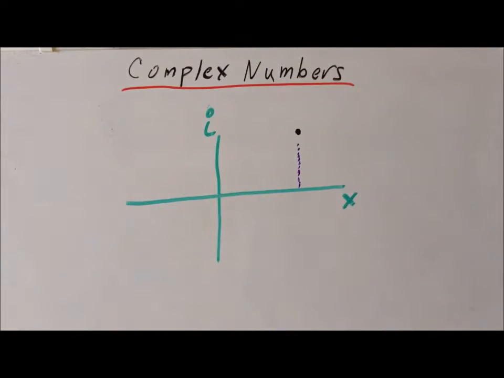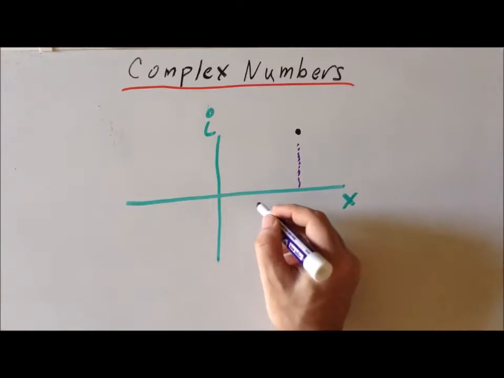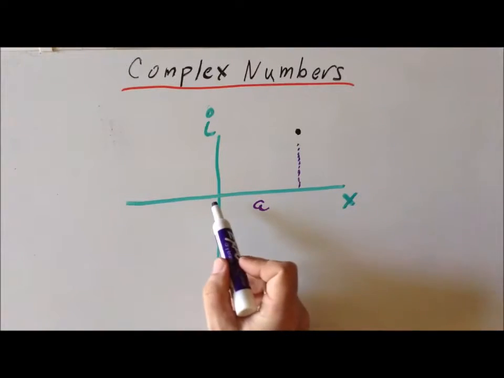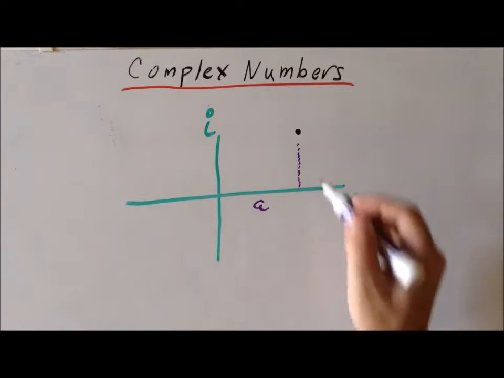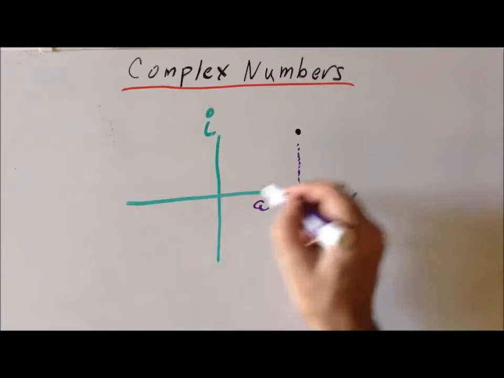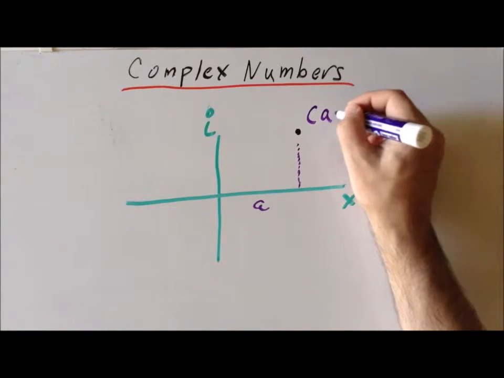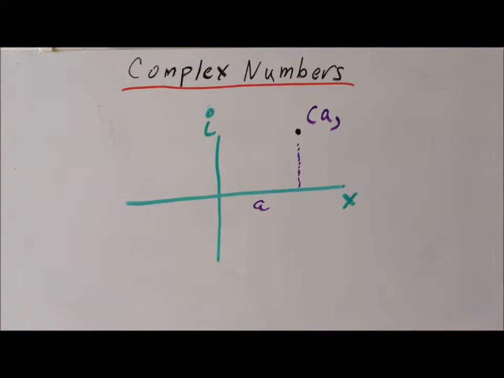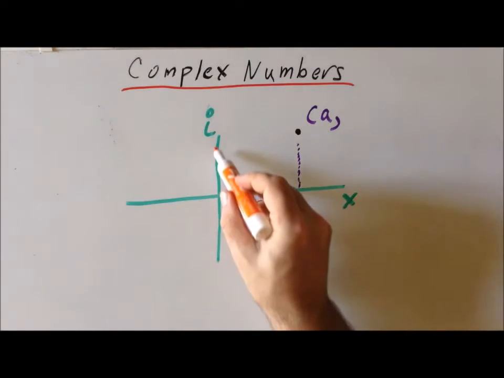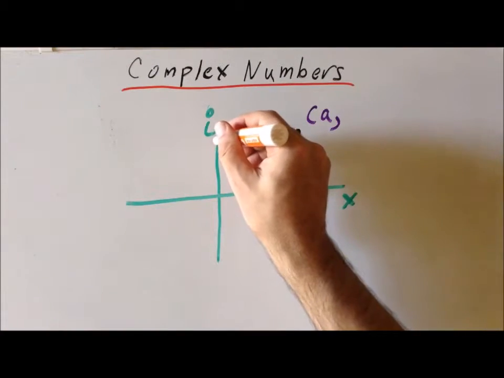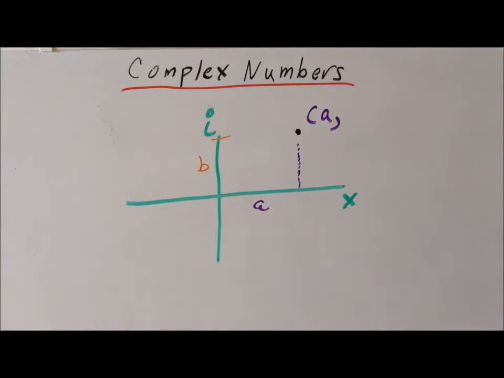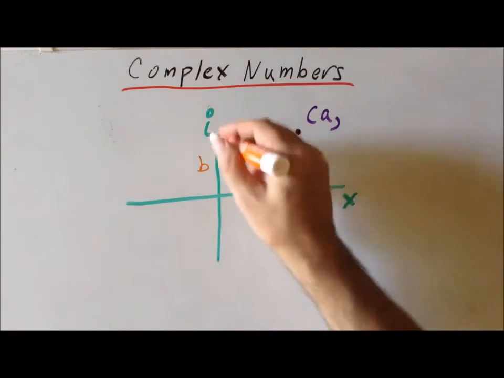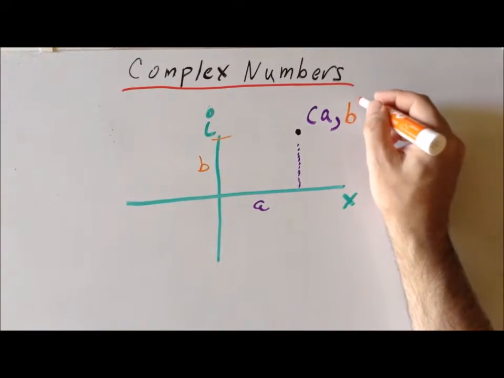point has certain coordinates. So if we go a distance a in this direction, so we go a units east on the x-axis, that means that the x-coordinate for this particular point is a. On the other hand, we can go vertically in the I direction a distance b. So we go b units in the I direction. So therefore the second coordinate is going to be b.